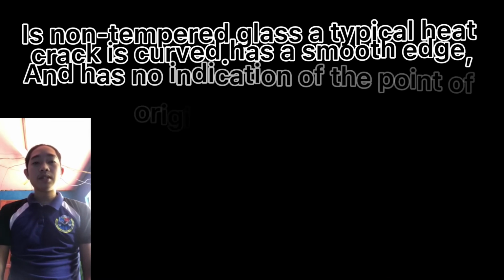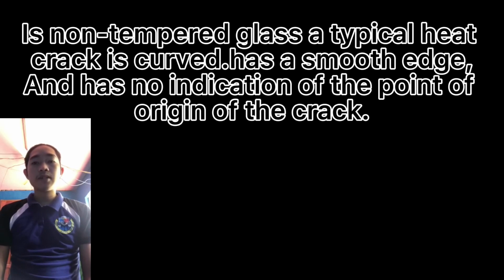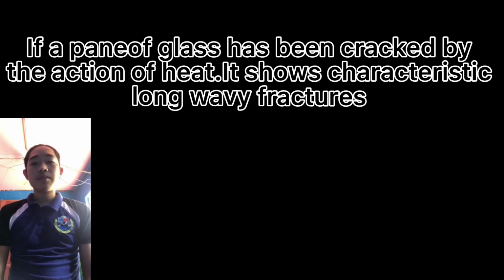Thermal fractures. In non-tempered glass, a typical hard crack has a smooth edge and has no indication of the point of origin of the crack. If the pane of glass has been cracked by the action of heat, it shows characteristic long wavy fractures.